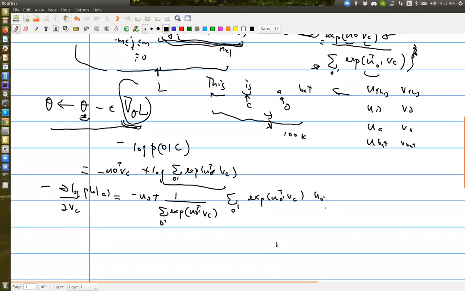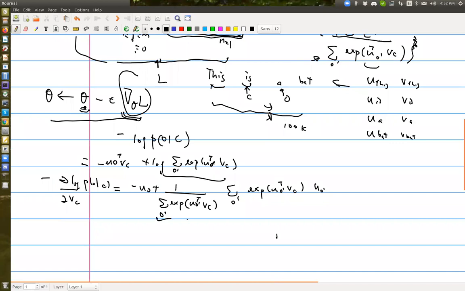What's interesting is that O prime is actually a dummy variable, so let me put X here.